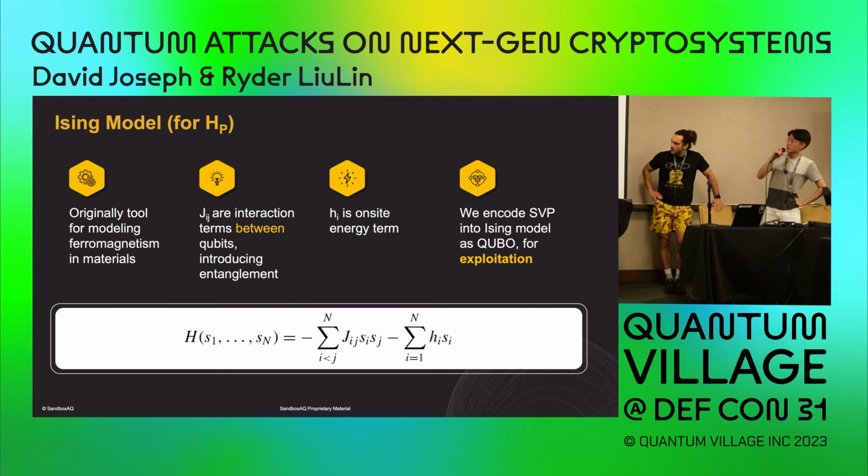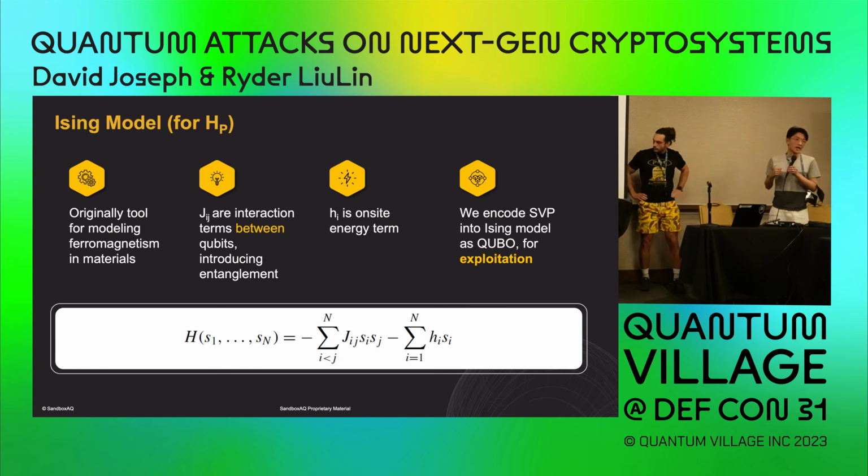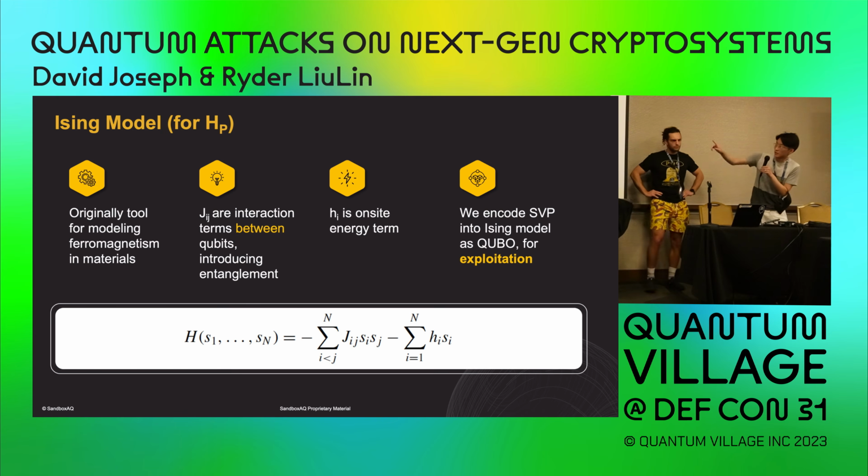Okay, so quickly talking about what the Ising model is. Originally, it was for modeling ferromagnetism in materials. That's not at all what we're using it for here. So in this equation here, sorry, another boring equation, the J's are the interaction terms between qubits, which is the part that's introducing the entanglement.